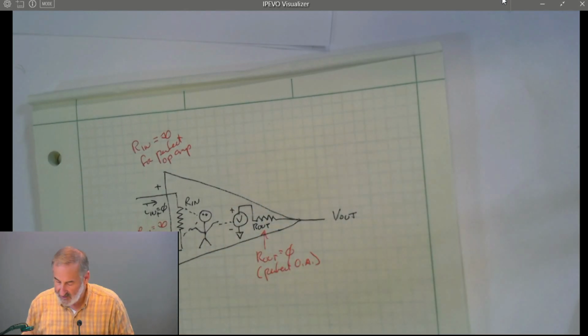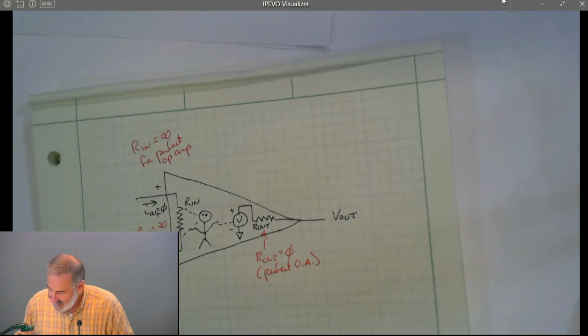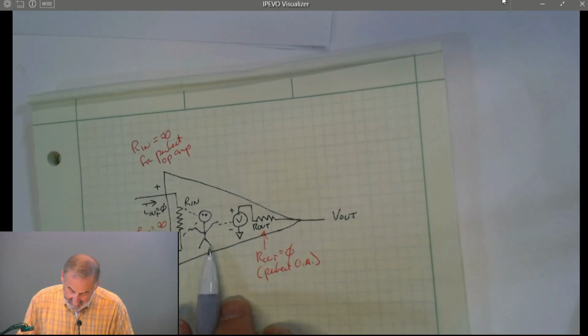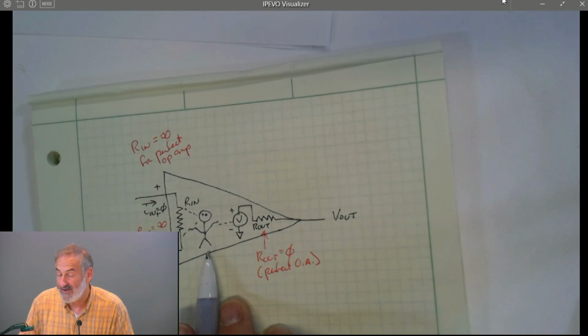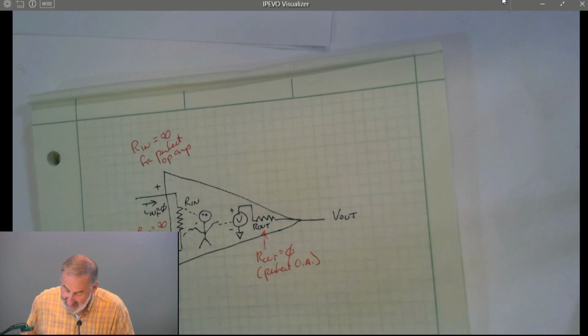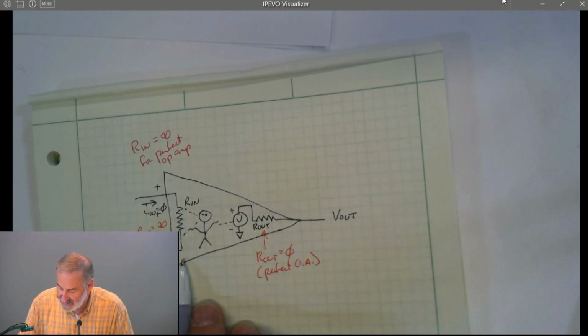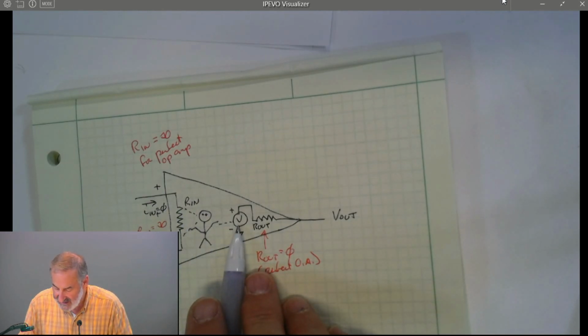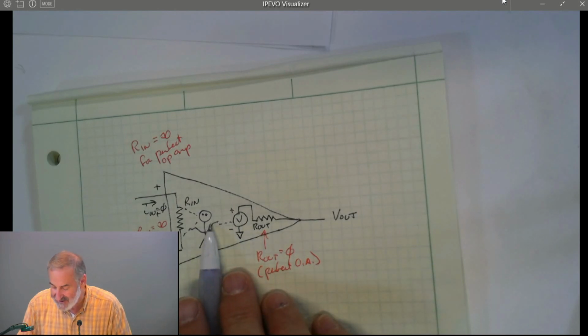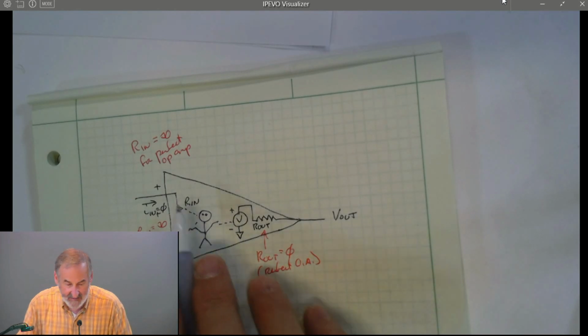And he's going to control R out. And he's pretty good. So that's where A comes in. If he sees any difference between these, he's going to try to adjust A out. So it's some large gain times this difference.